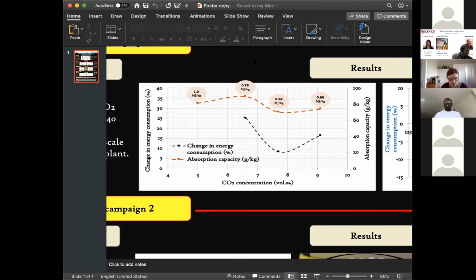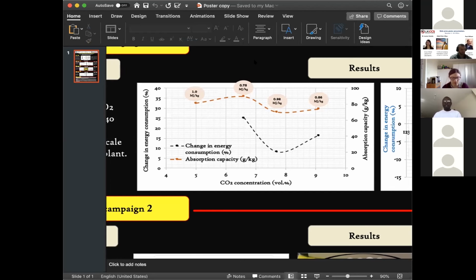This process is expected to increase the CO2 capture efficiency in the absorber column and subsequently reduce the specific reboiler duty. The specific reboiler duty is basically the ratio of the solvent regeneration energy to the mass flow rate of the CO2 captured.